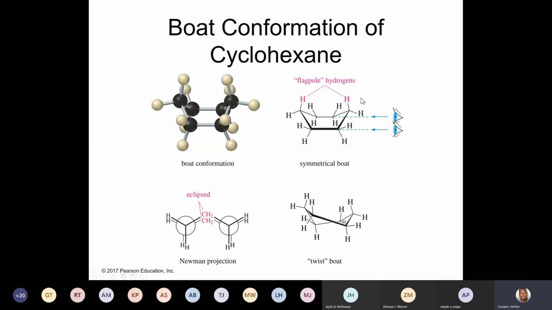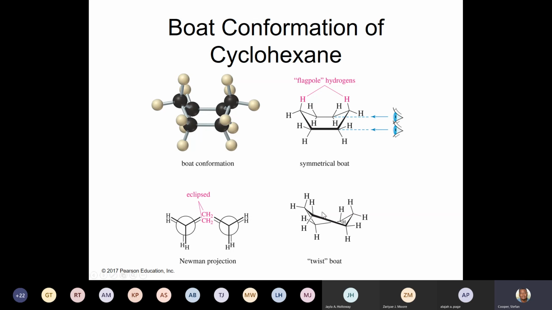Also, these flagpole hydrogens right up top are closer to each other than ideal. They don't even want to be that close. But because of the way that the boat is bending, this is a bad interaction. So this is not preferred, and this is why the boat becomes the second highest in energy.